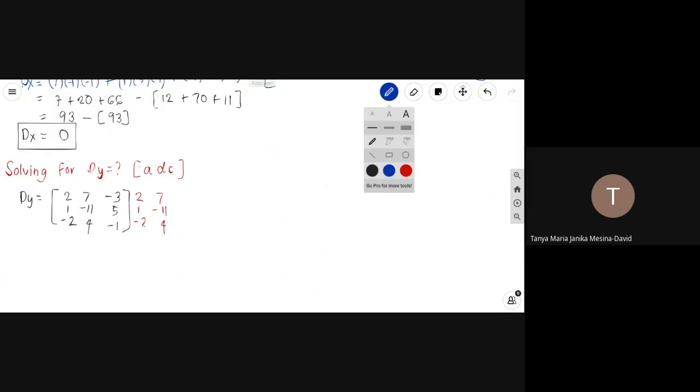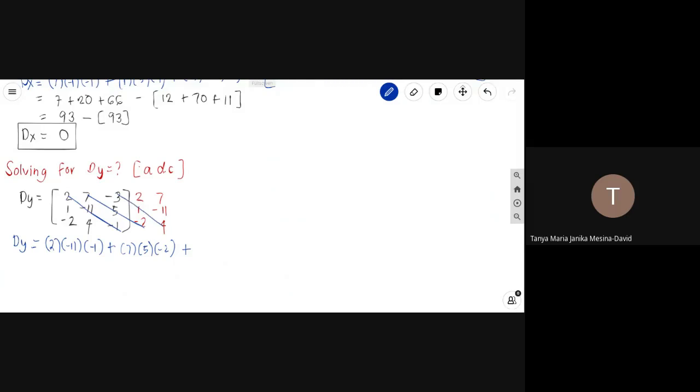And then you will start multiplying the diagonals. Let's start here first. We have 2 times negative 11 times negative 1, plus the second diagonal, 7 times 5 times negative 2, plus the third diagonal, negative 3 times 1 times 4, minus, and then the bracket.